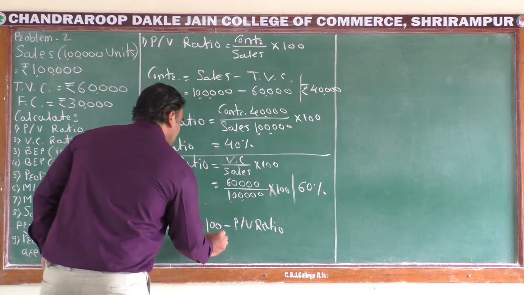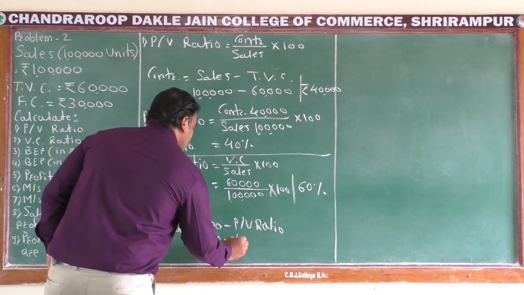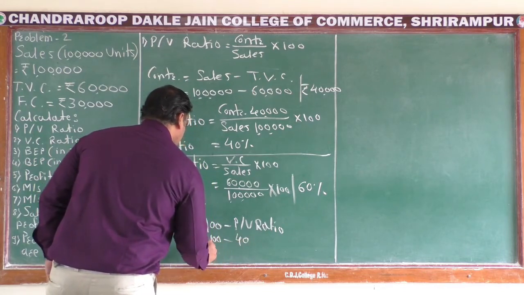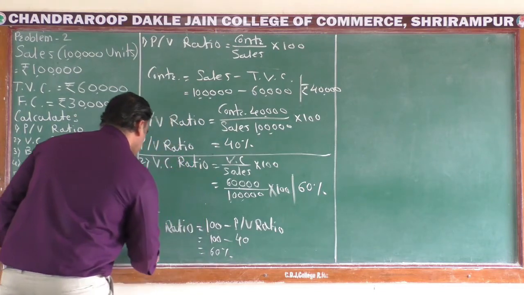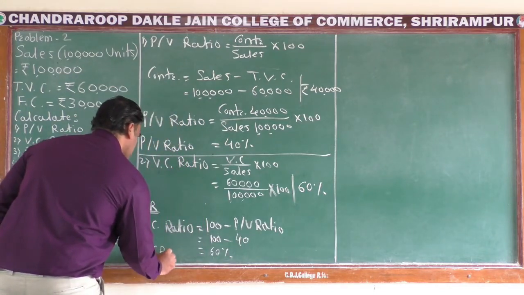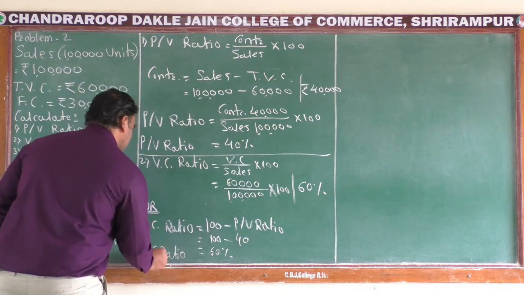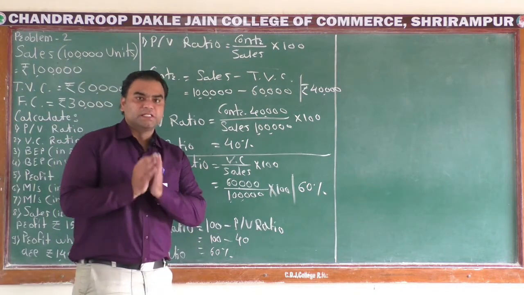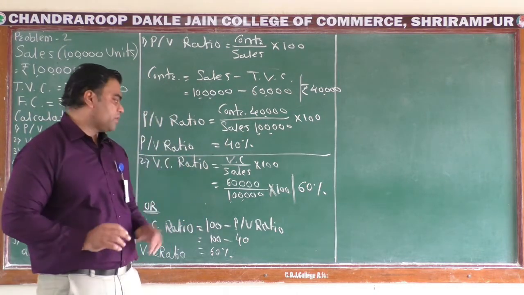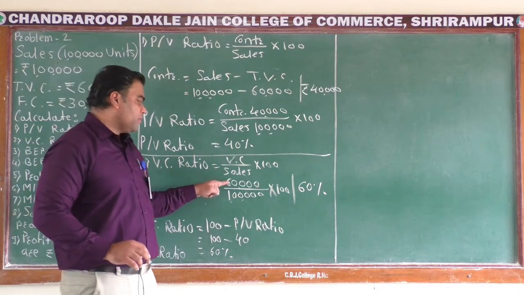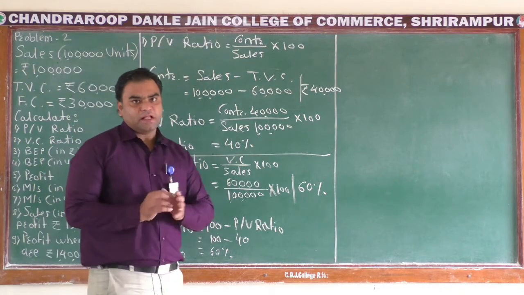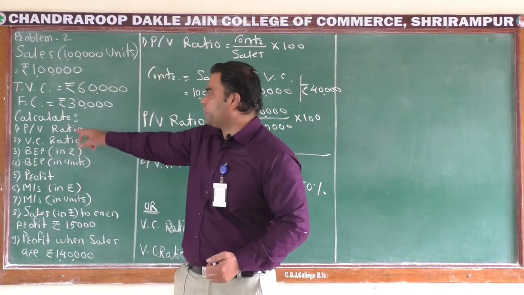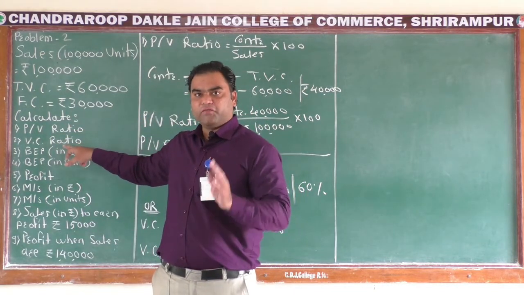So 100 less PV ratio, which is 40%, so 60% is the VC ratio. It means variable cost is 60% of sales. You can see variable cost 60,000 is 60% of sales 1 lakh. So here we have calculated the first two items, PV ratio and VC ratio.